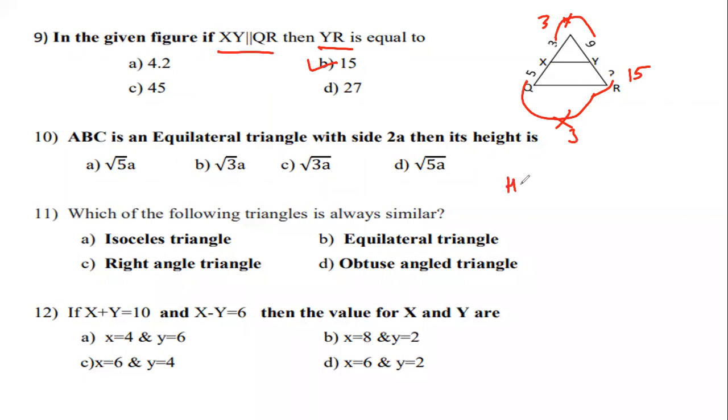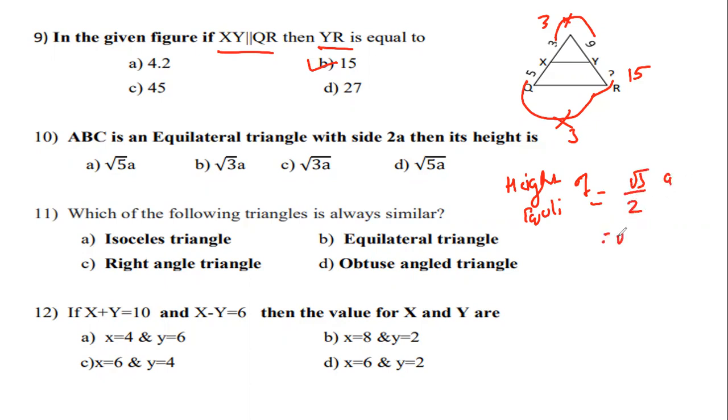Height of the equilateral triangle is equal to, formula is root 3 divided by 2 into a.